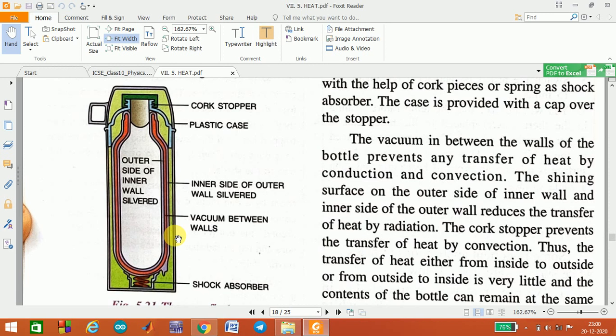As there is no medium where vacuum is present, there is no possibility of conduction and convection. And the shiny surface on the outside of the inner wall and the inside of the outer wall reduces the transfer of heat by radiation. If there is a shiny surface, there will be less radiation.